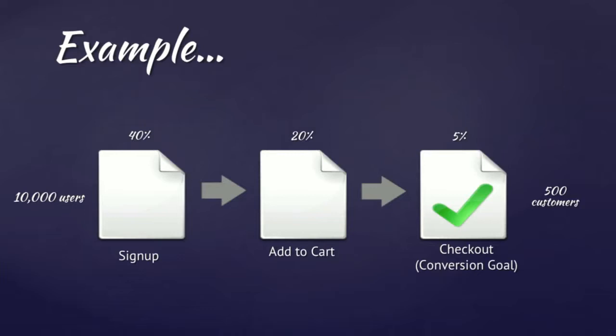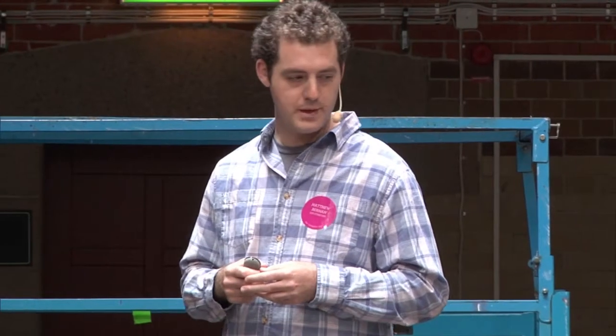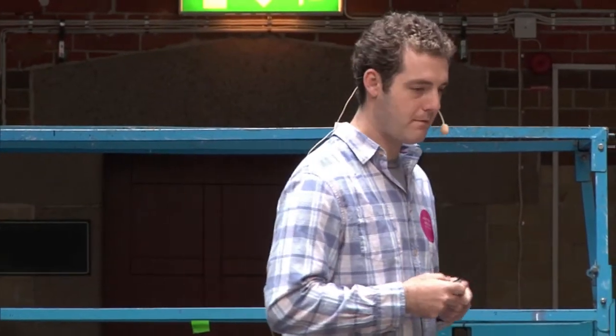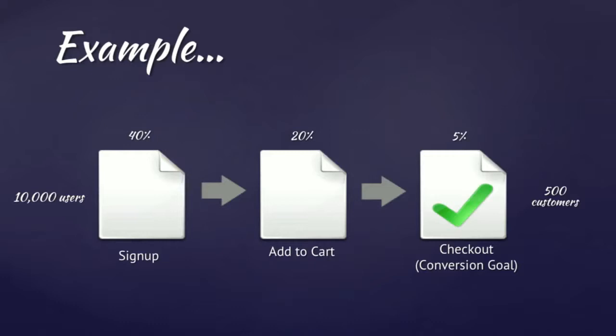The conversion goal is the purchase, the checkout. And in this example, we have 10,000 users who start down the funnel. 40% of them sign up. 20% of them add a product to the cart. And only 5% of them check out. So we have 10,000 users at the beginning of the funnel and 500 customers at the end.